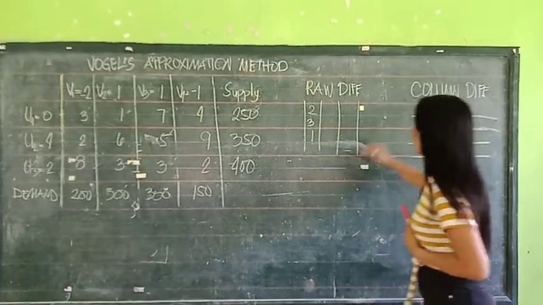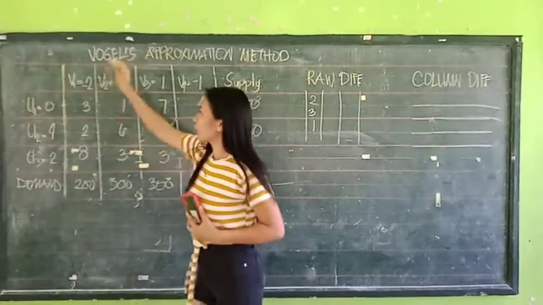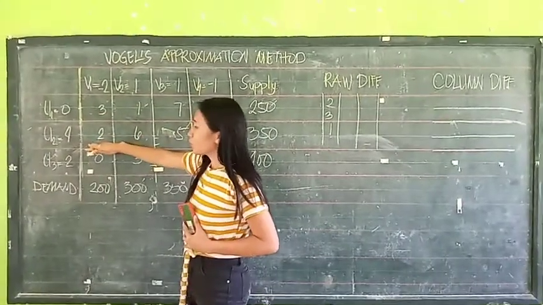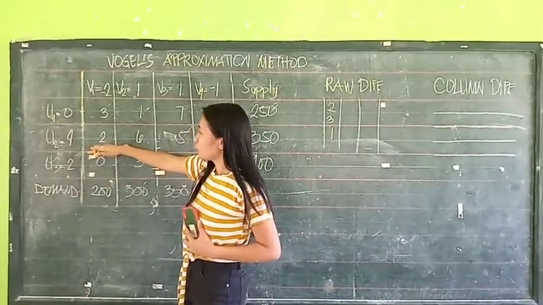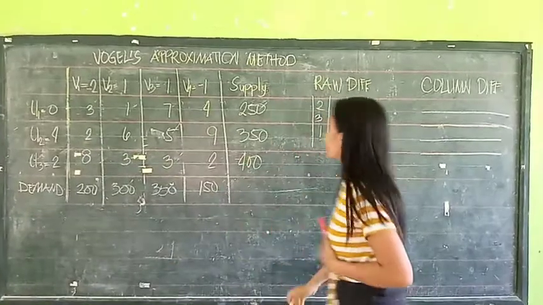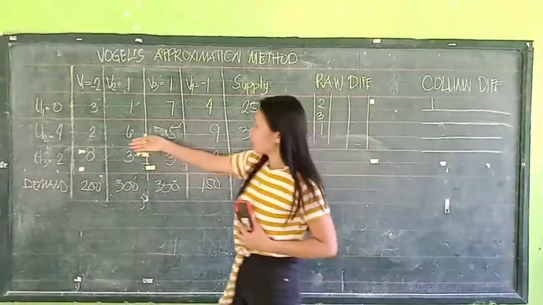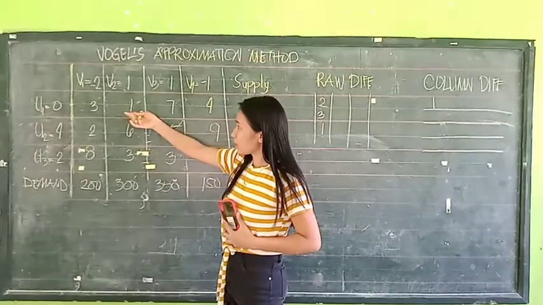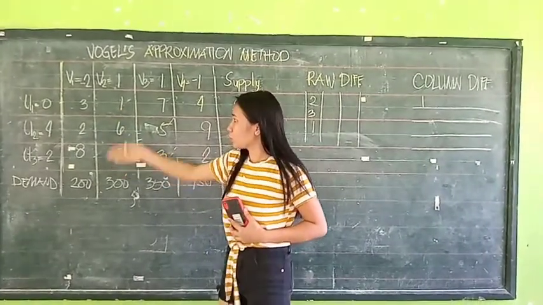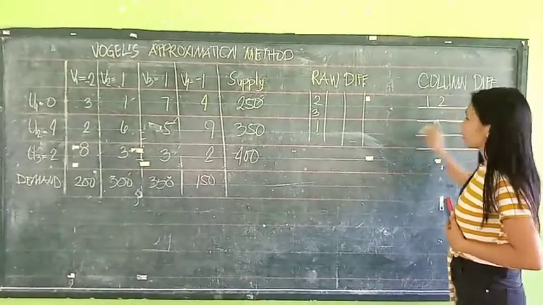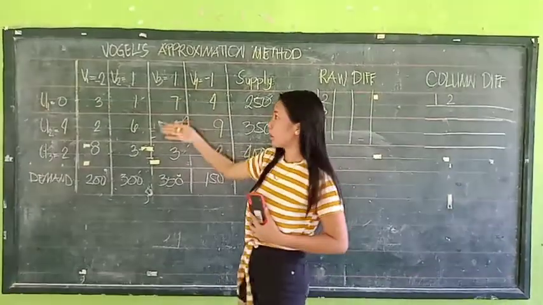Second is their column. So the difference between the 3 and 2 is 1. So copy 1. So the difference of 3 and 1 is 2, since they are the last number in the column.